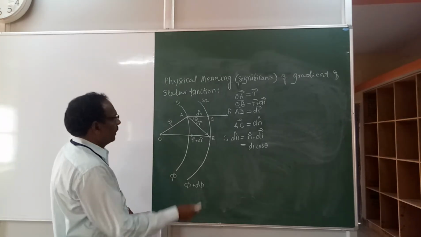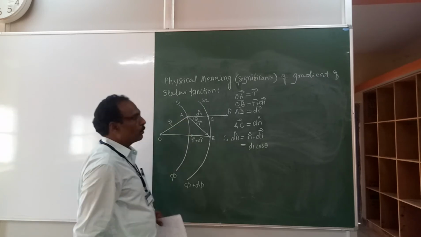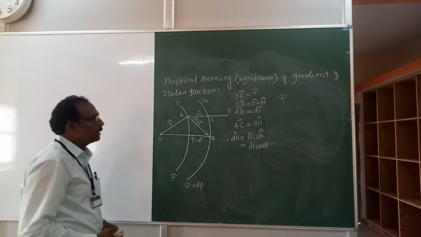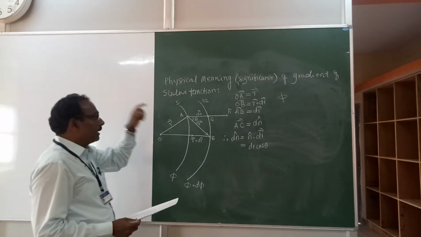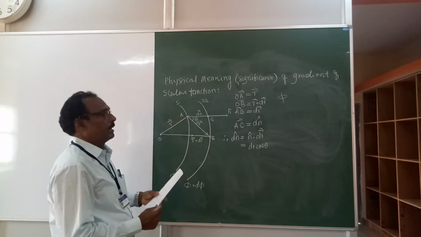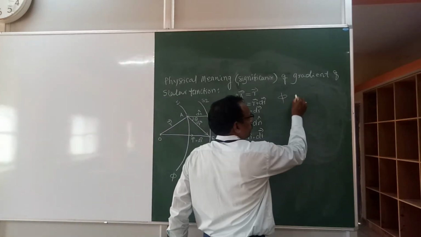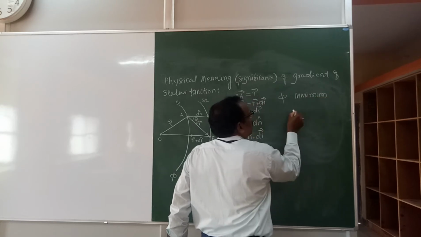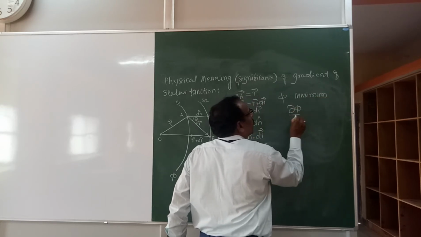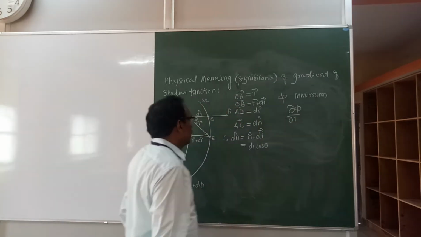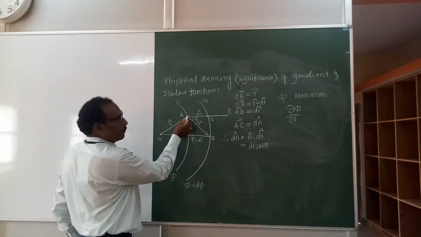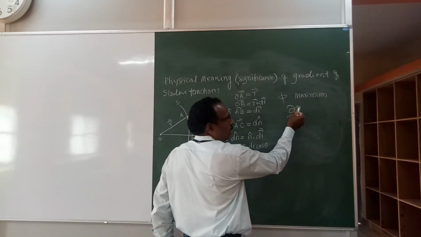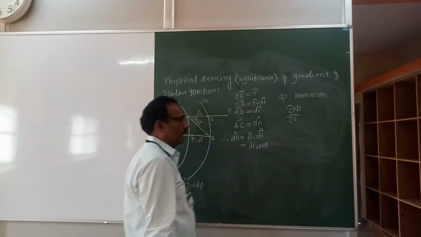Now, the rate of increase of this function phi, a scalar function. The rate of increase of function phi at A is given by dou phi by dou r, the change of function with position.